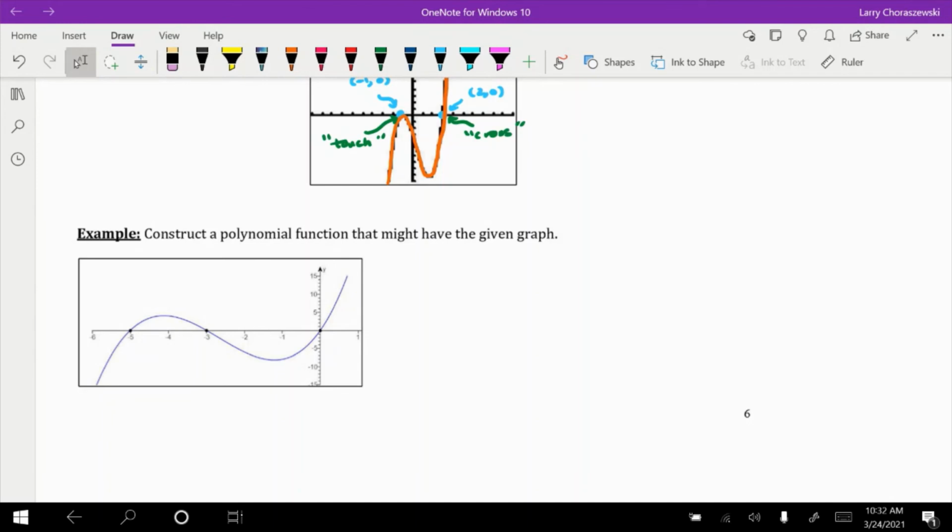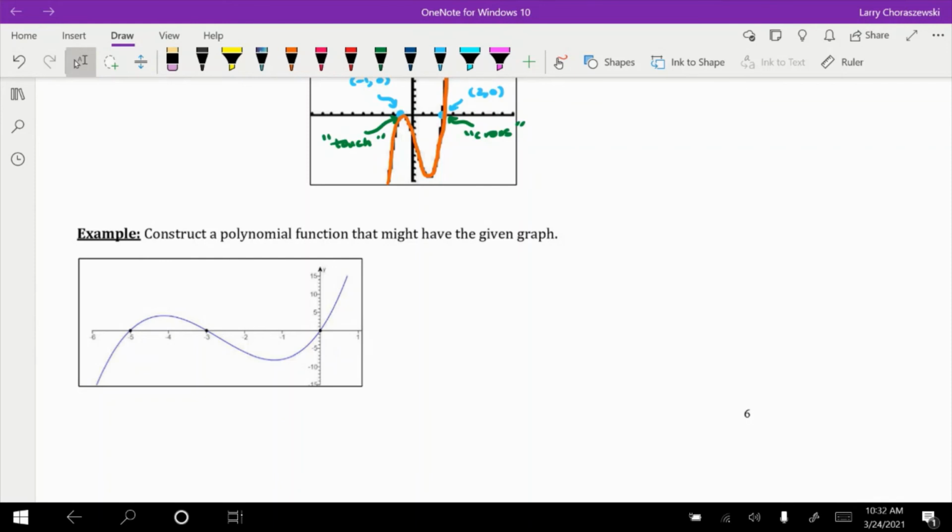So we're looking for the equation for f of x. And we can start to build the equation by first looking at the x-intercepts, because any x-intercept is going to correspond to a 0 of the function.